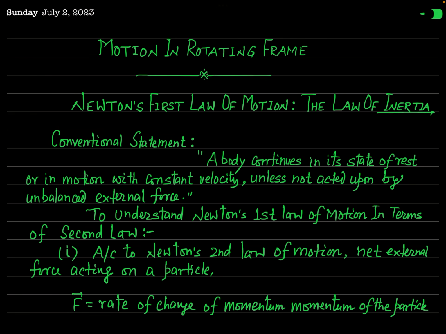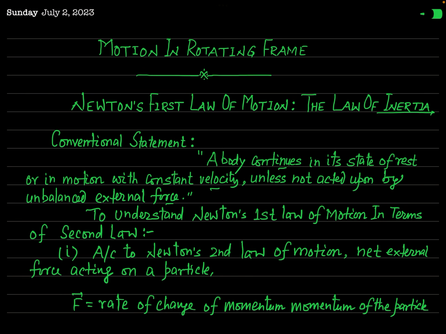You know that the traditional or conventional statement of Newton's first law is what? Definitely you have this statement in your mind. Actually, the conventional statement of Newton's first law of motion says that a body continues in its state of rest or in motion with constant velocity unless acted upon by an unbalanced external force.